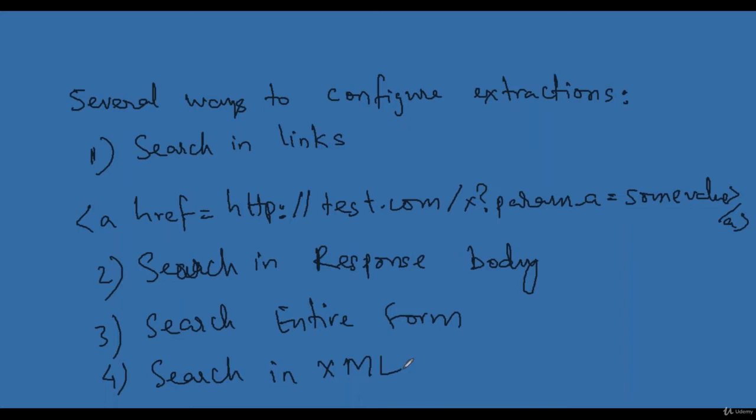Once an extraction is found in the response, this extracted value for the parameter is valid for all future requests for this parameter until the session ends, or until the number of extracted values reaches the maximum limit.